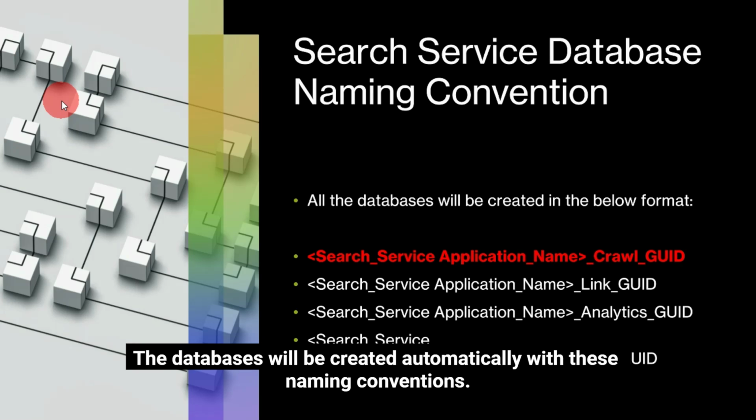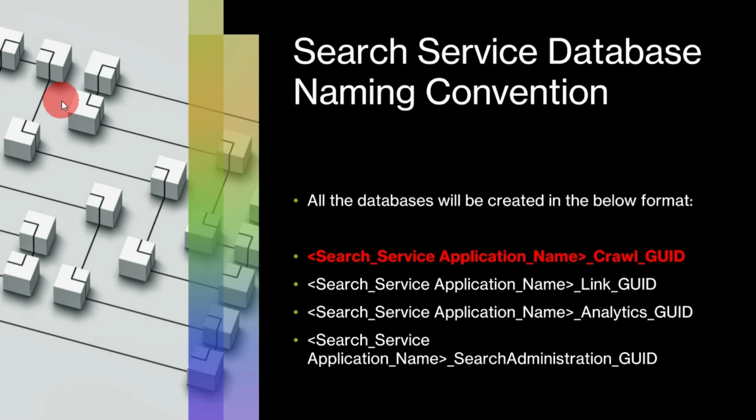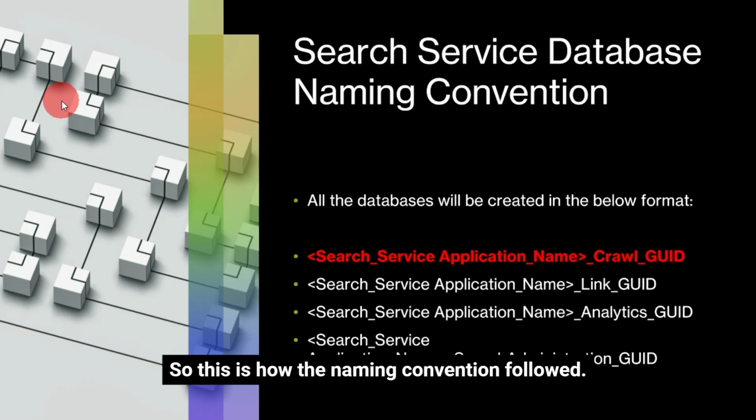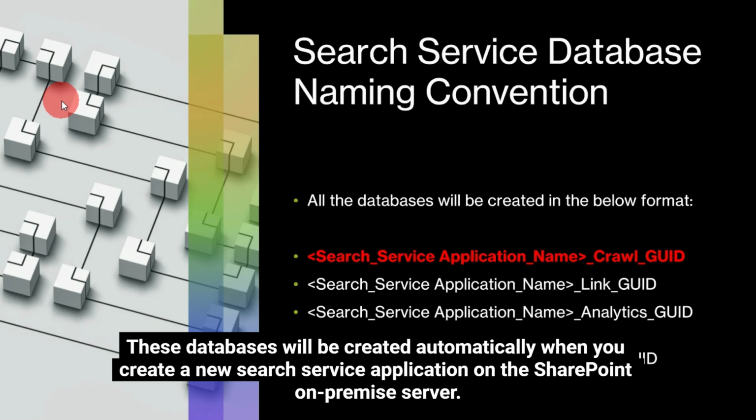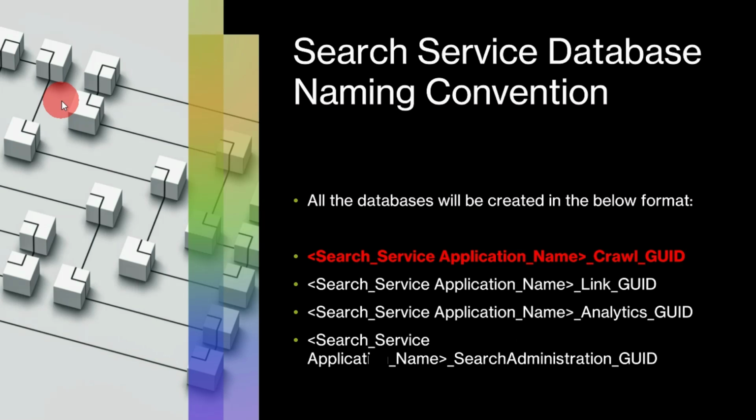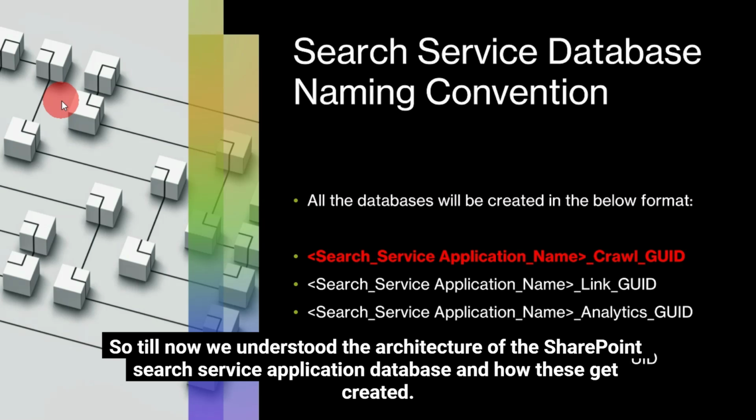The databases will be created automatically with these naming conventions. It is all automated, nothing to worry. So this is how the naming convention is followed. These databases will be created automatically when you create a new search service application on the SharePoint on-premise server. So till now, we understood the architecture of the SharePoint search service application databases and how these get created.